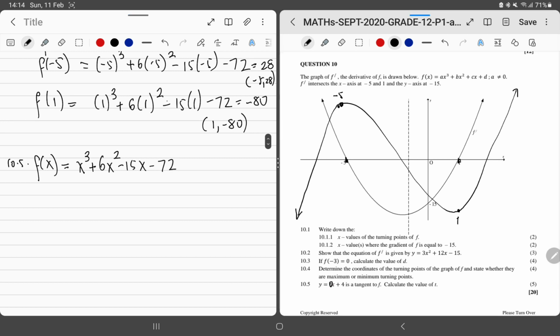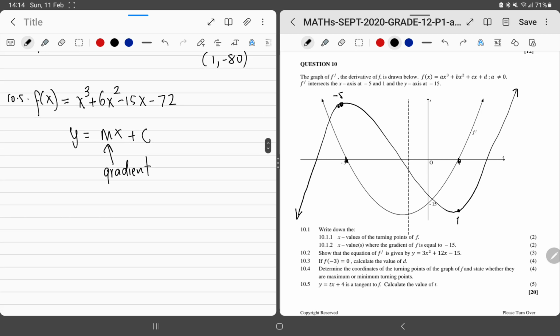So I know that t is associated with the gradient, because whenever I have this line y is equal to mx plus c, this value there represents what? The gradient. So t has something to do with the gradient. So I need to find the derivative. This is 3x squared plus 12x minus 15.